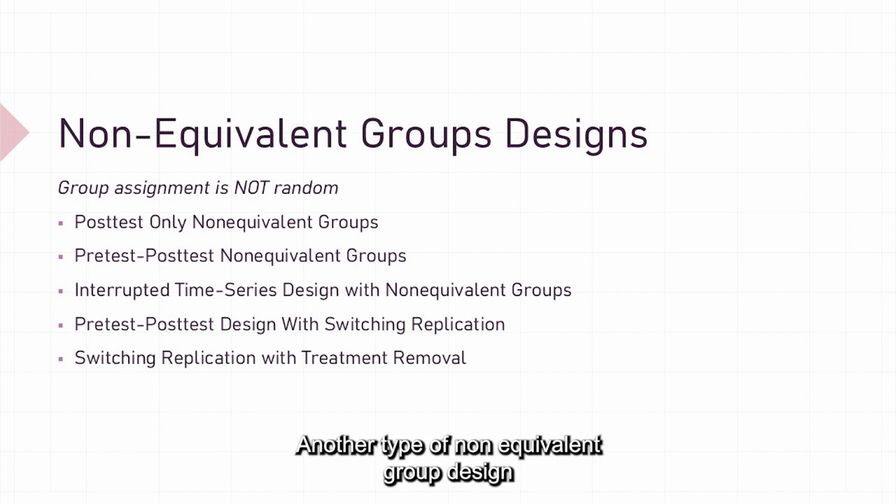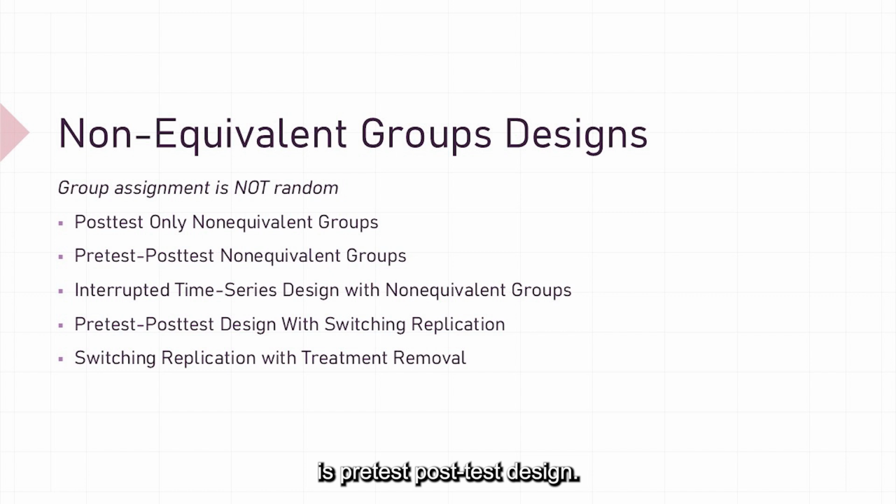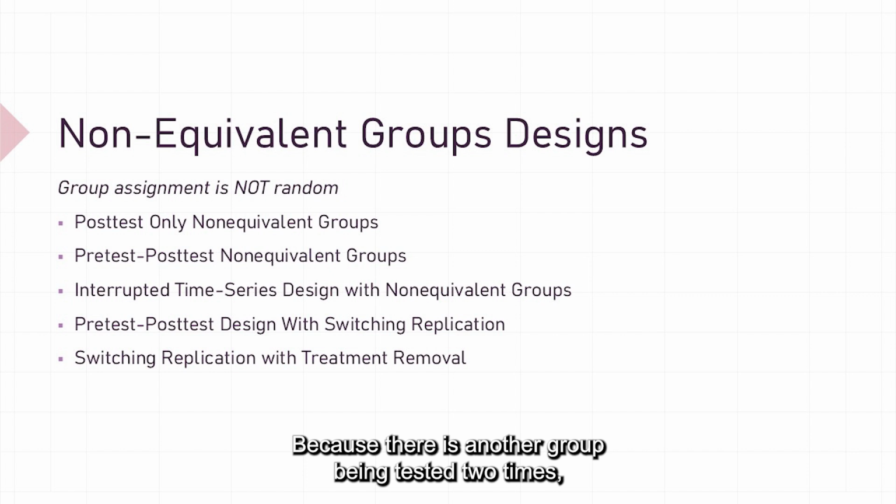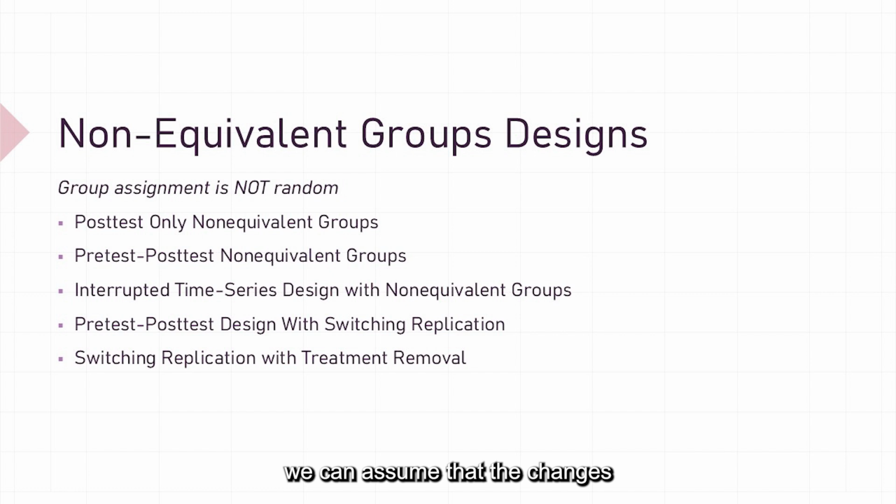Another type of non-equivalent group design is the pre-test post-test design. In this case, two groups are being measured two times, but only in one group the independent variable will be manipulated. Because there is another group being tested two times, we can assume that the changes in the dependent variable were caused by manipulation of the independent variable.